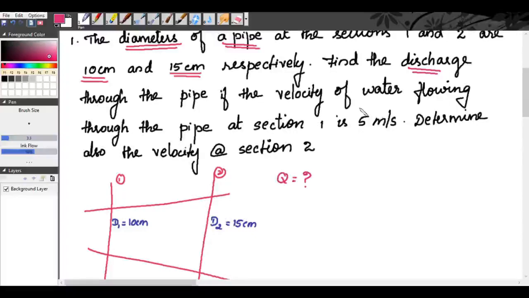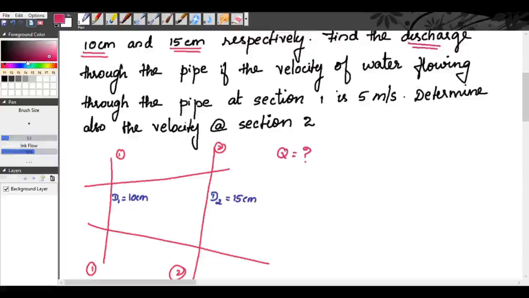If the velocity of water flowing through the pipe at section 1 is 5 meter per second, that means our velocity at section 1, V1, is 5 meter per second. Determine the velocity at section 2. So we need to find Q, and also the velocity at section 2.